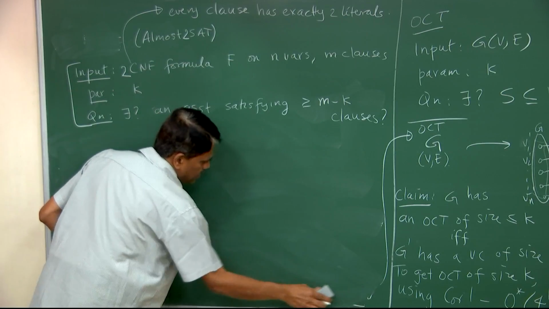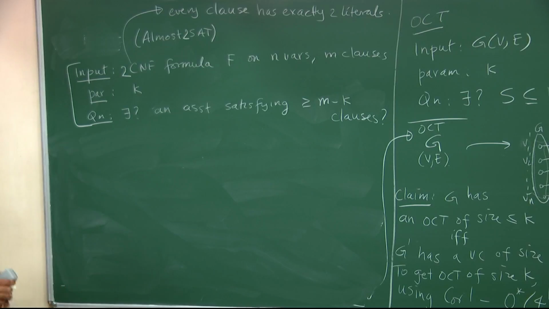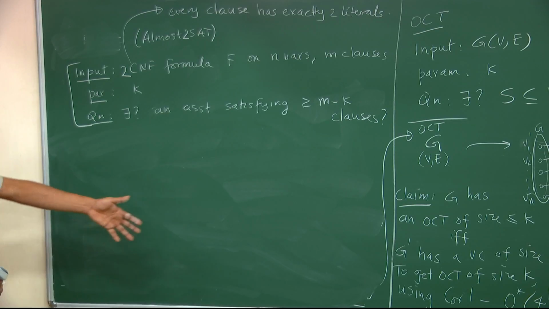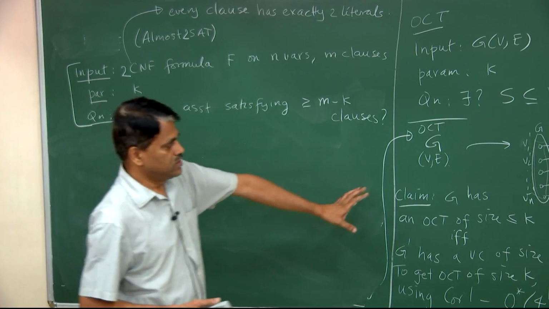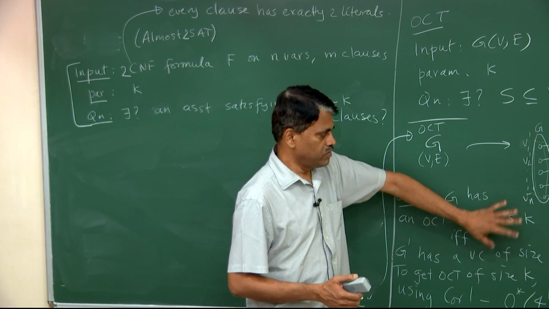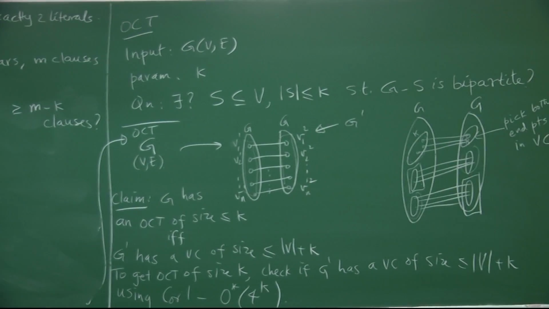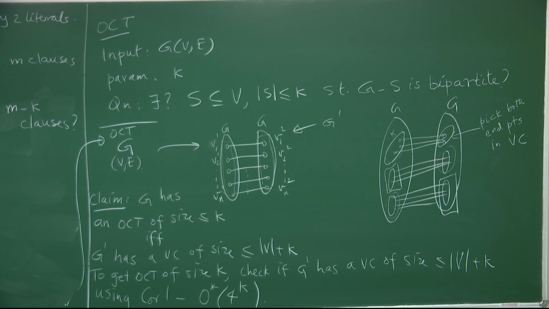Interestingly, it turns out to be equivalent to vertex cover above matching. What does it mean by equivalent? There is a parameter preserving reduction between both problems. Like we had a reduction from OCT to above guarantee vertex cover, one can do this here. So this is my problem.